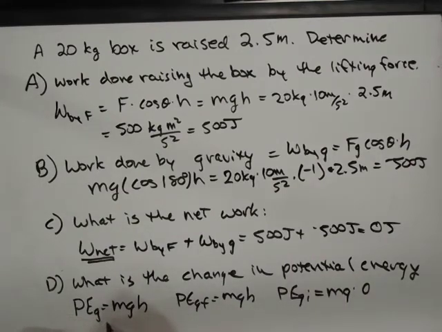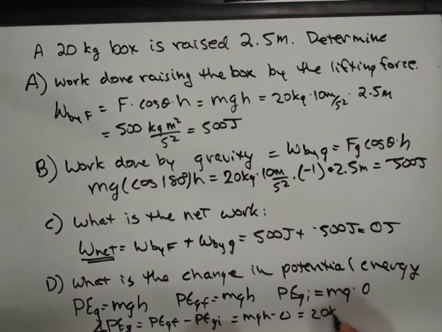And so the change in potential energy due to gravity, which is what they're asking here, is PE gravity final minus PE due to gravity initial, which is mgh minus 0, because mg times 0 is that. And so it's 20 kilograms times 10 meters per second squared times 2.5 meters, which is 500 joules.